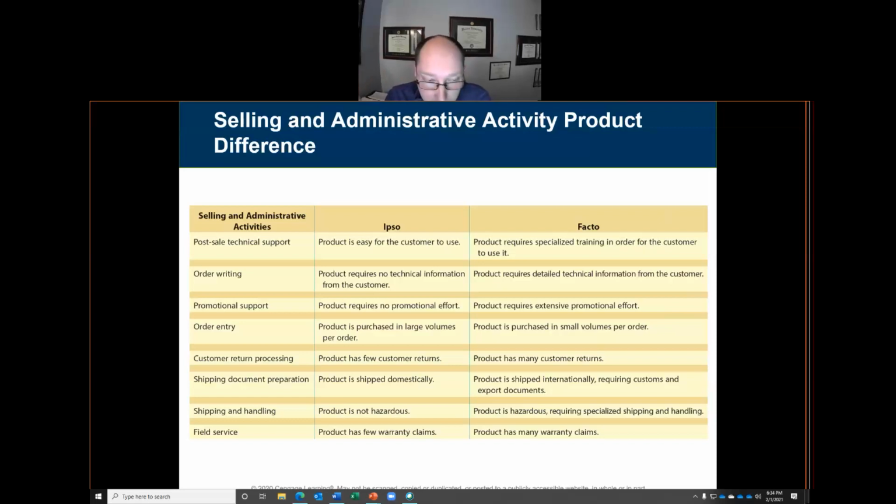There are activities associated with them. So you could identify selling and administrative expenses based off of the activity base, just like we talked about for the manufacturing of products. It works very similarly. And that's kind of what this tells us. It just helps us identify selling and administrative expenses by activity.